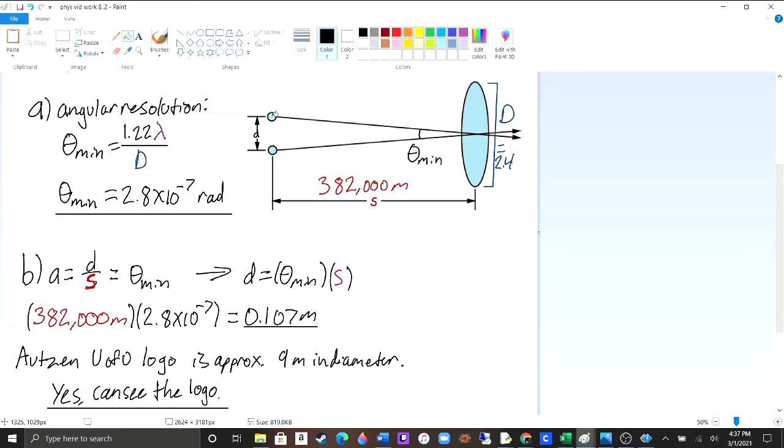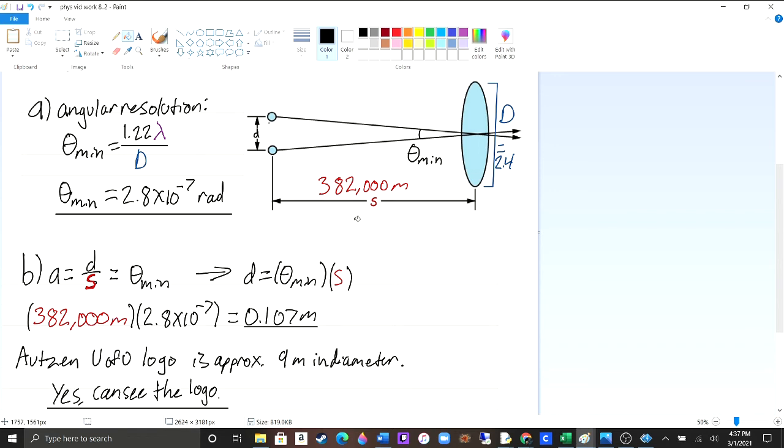So that's the minimum distance between 2 points that we can differentiate between when we're looking at an image from a telescope. We rearrange it, and the minimum spatial resolution is our theta min times S.